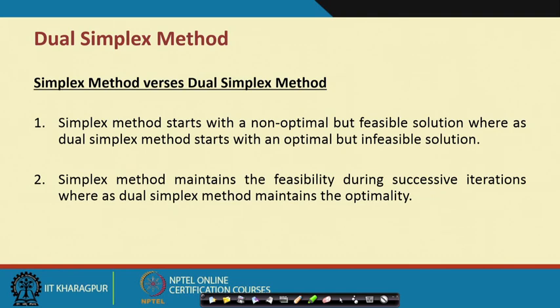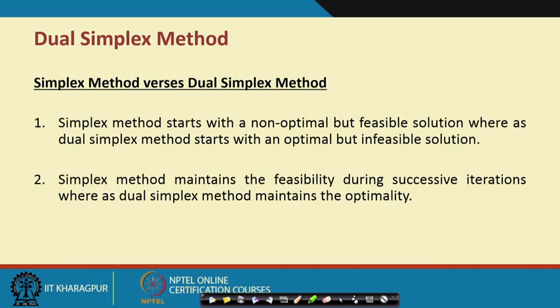The simplex method starts with a non-optimal but feasible solution, whereas the dual simplex method starts with an optimal but infeasible solution. So, they are counterparts through which you can address the business problem.